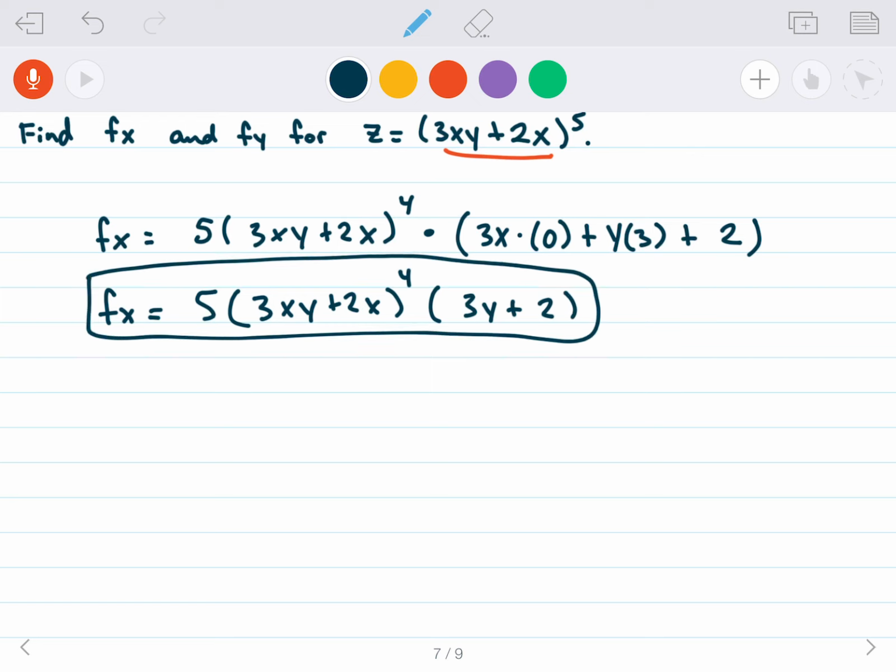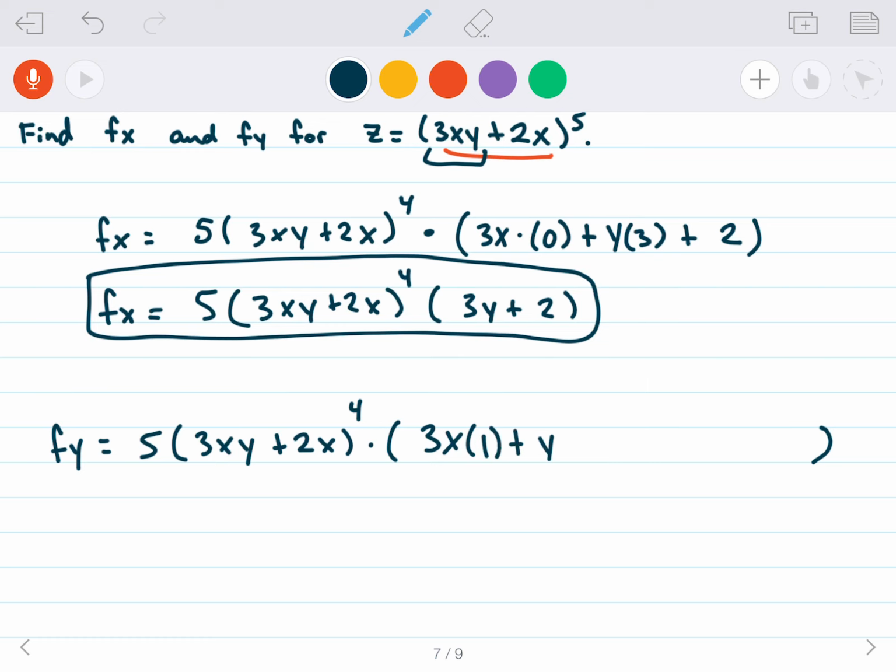Okay, now let's do partial with respect to y. So again, the outer function stays the same, right? We have 5 times (3xy plus 2x) to the 4th. This time, when we multiply by the derivative of the inner function, we're treating the x's like constants. So for this part right here, we keep the first, 3x, times the derivative of the second. Well, the derivative of y is just 1.